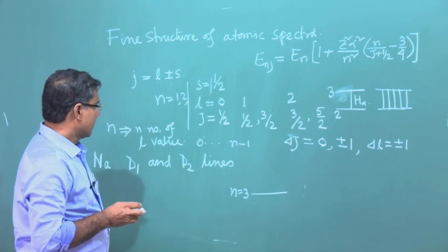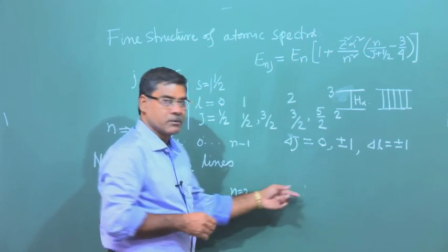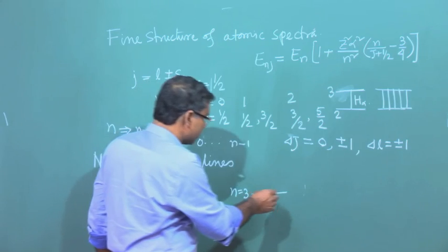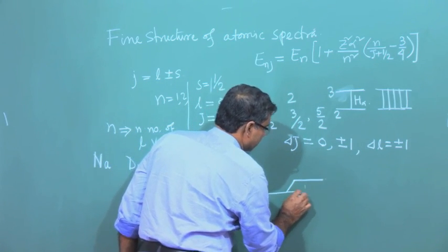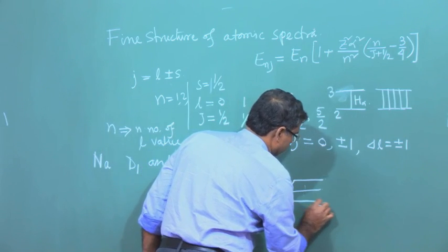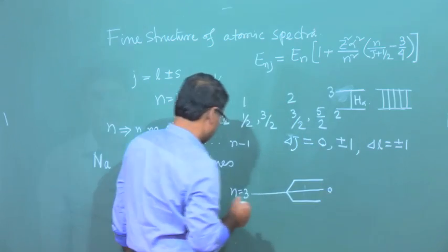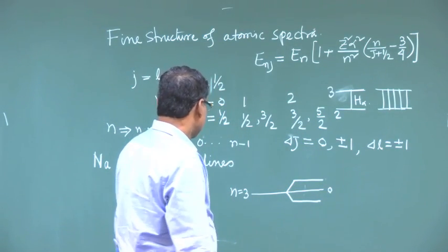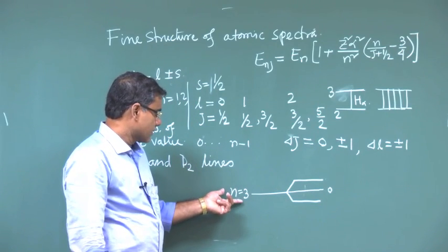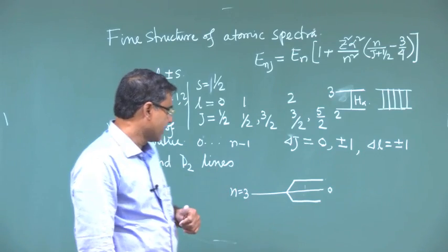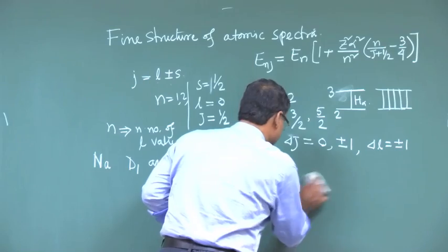Now, for n equal to 3, L will be 0, 1, 2. So, for the sodium D1 and D2 lines, its outermost electron is at n equal to 3.